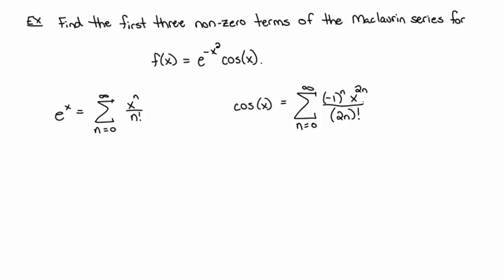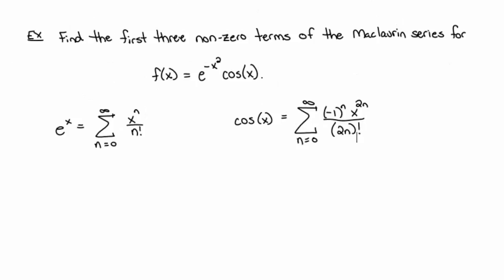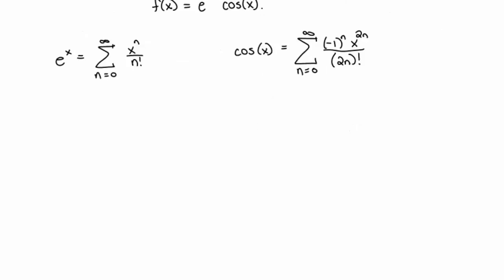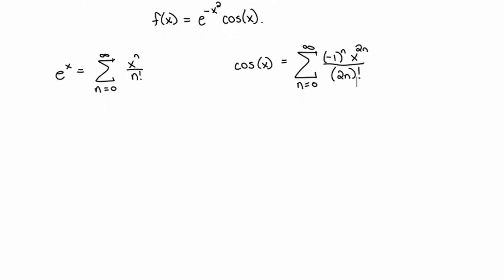Given that we know those two Maclaurin series, and we know they converge to those functions, so they're actually equal, we're going to go ahead and rewrite e to the negative x squared as a summation.